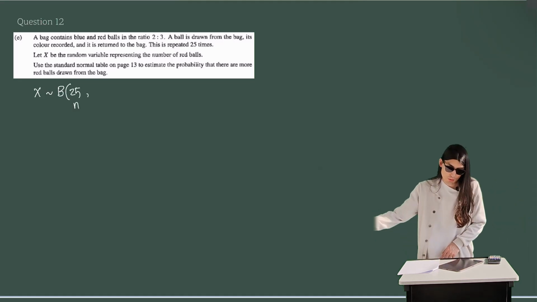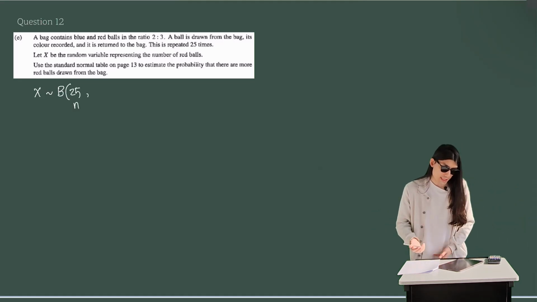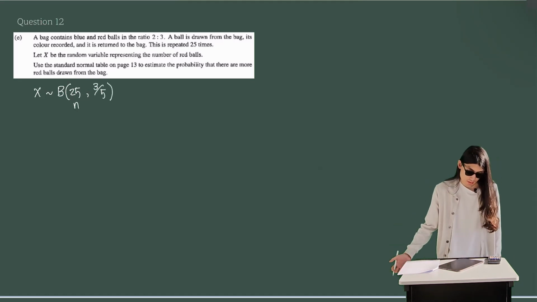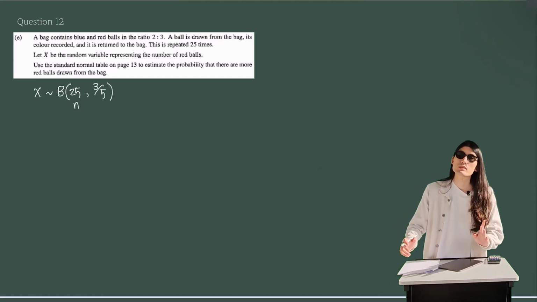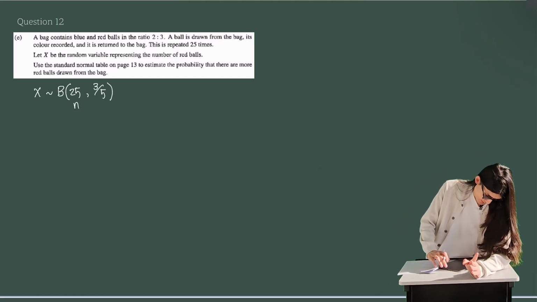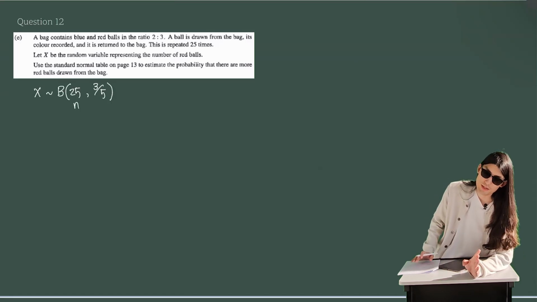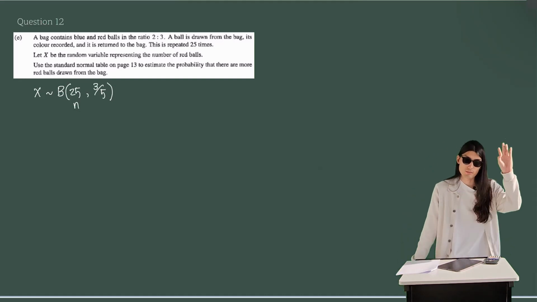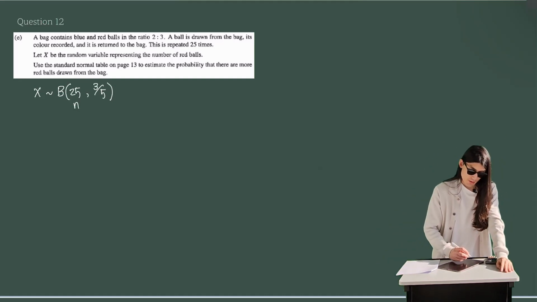And each time the ball is drawn, the probability that it is a red ball is 3 on 5, isn't it? Why? Because the question told us the bag contains the balls in 2 to 3 ratio, where 3 represents the red, doesn't it? Yes, it does. Blue is 2, 3 is red, so 3 on 5 is the chance of you picking out a red ball, isn't it? And that becomes the value of p in this question.